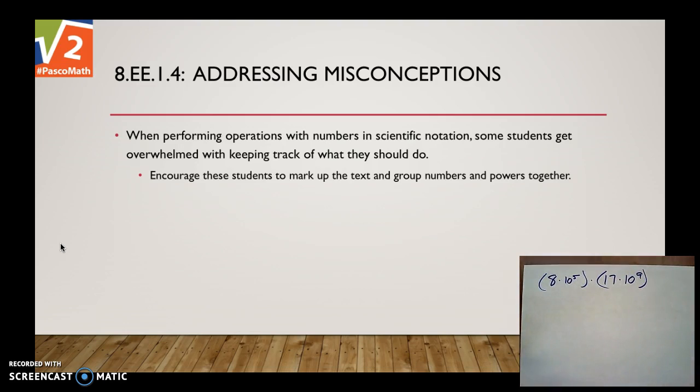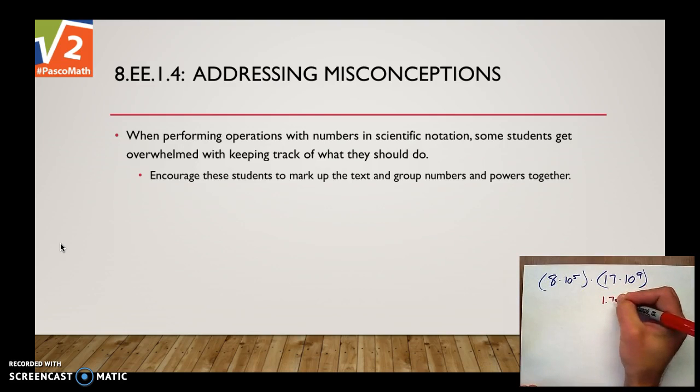First, we can have some discussion: is this currently represented as two numbers multiplied in scientific notation? Students will realize, hopefully, that the second number is not in scientific notation, so we have to do a little bit of work. To represent this in scientific notation, we need a number that can be 1 but less than 10.